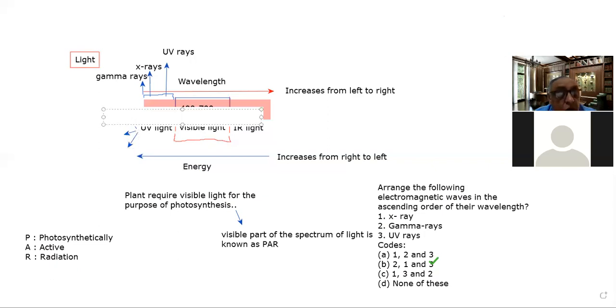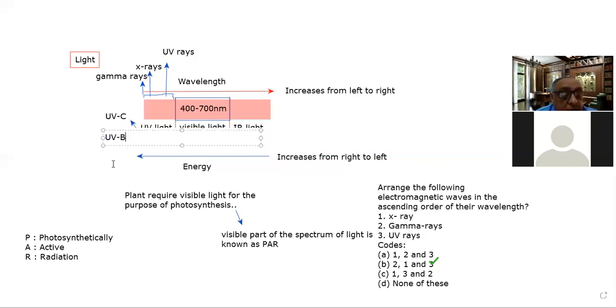One is the UVC, the second is the UVB, and the third is the UVA. So these are the three categories.